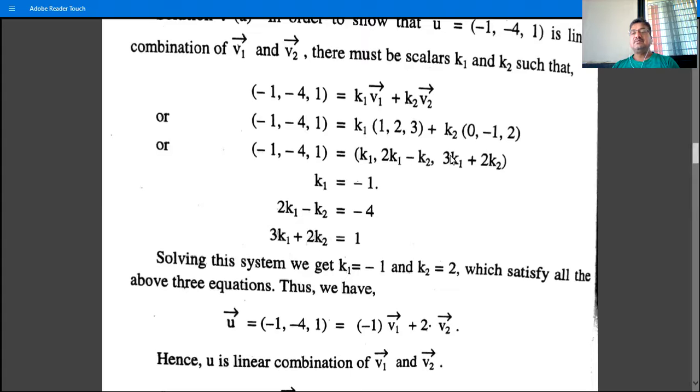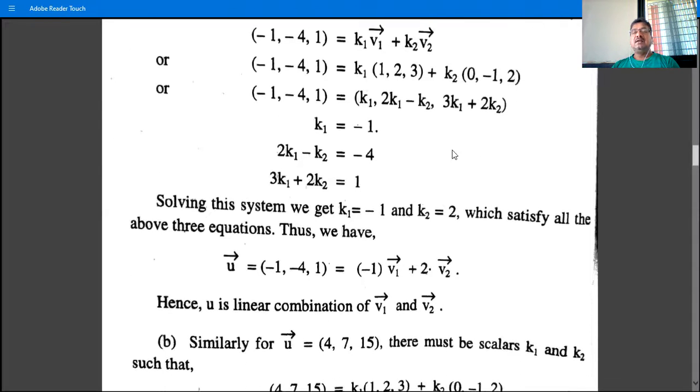We have K1 plus 0, then 2K1 minus K2, and 3K1 plus 2K2. And then comparing the LHS and RHS, we have K1 is -1, 2K1 minus K2 is -4, and 3K1 plus 2K2 is equal to 1.